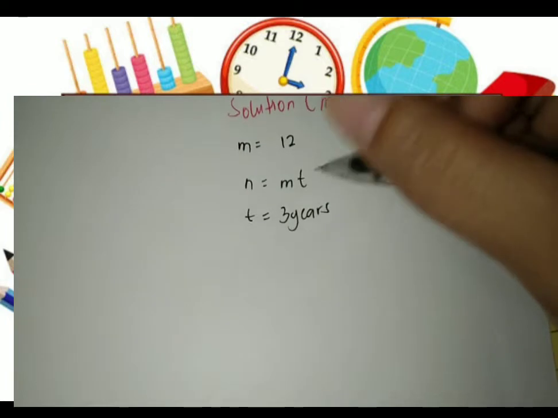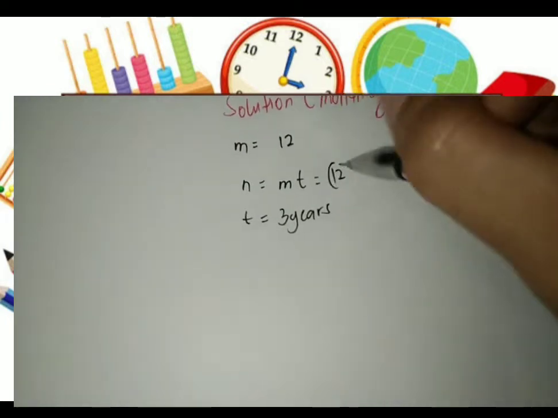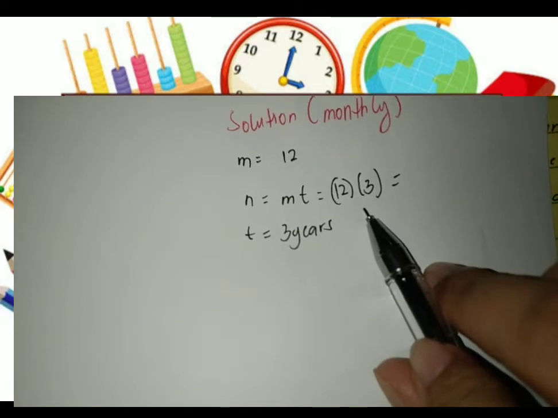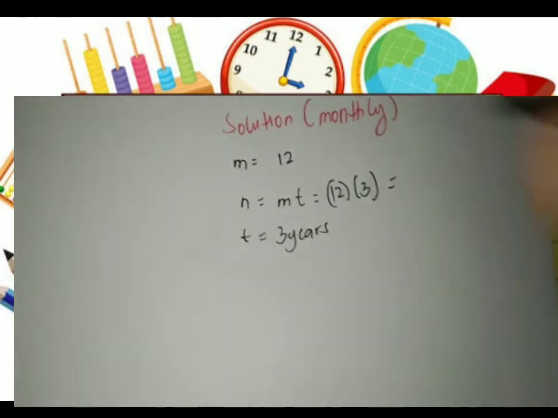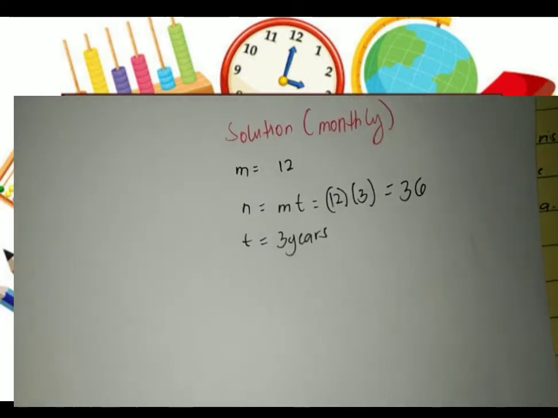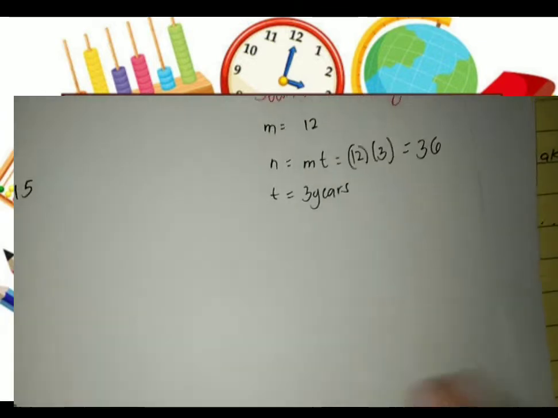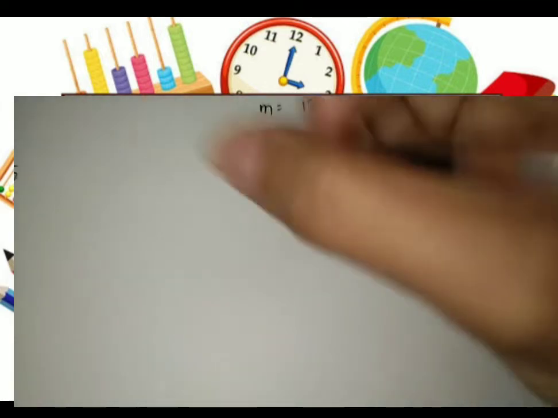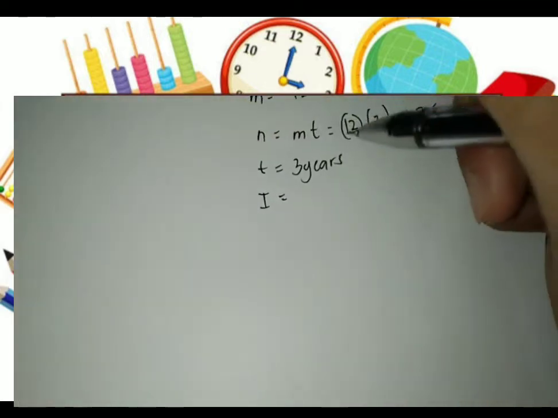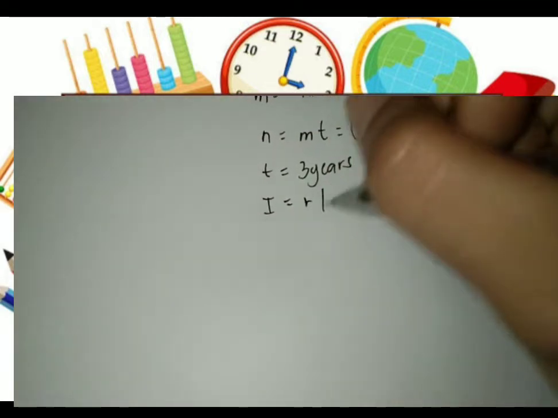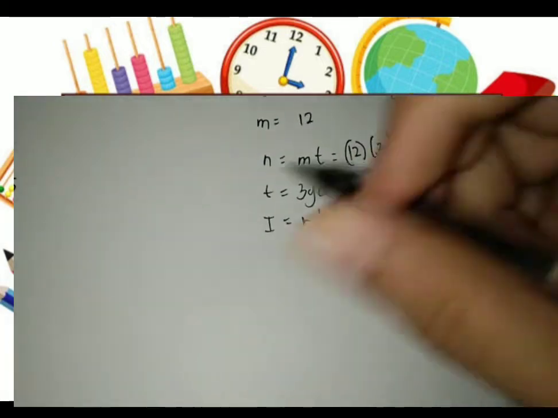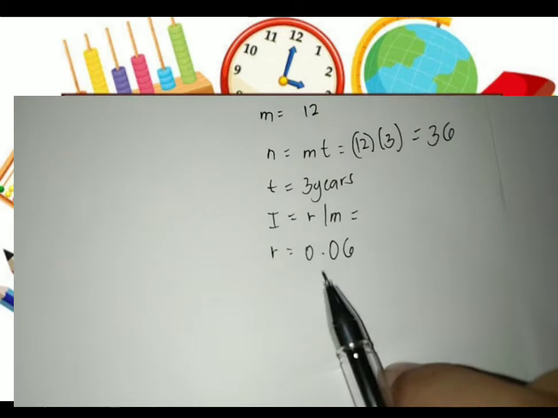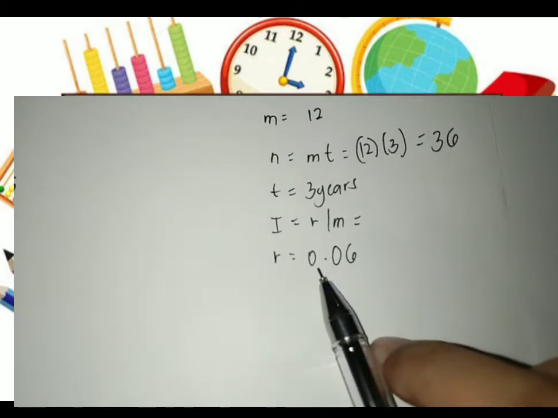So our M is 12 times 3, so 12 times 3 is equal to 36. Now our I is equal to R divided by M. Our R is 0.06 because we already transferred it into decimal.